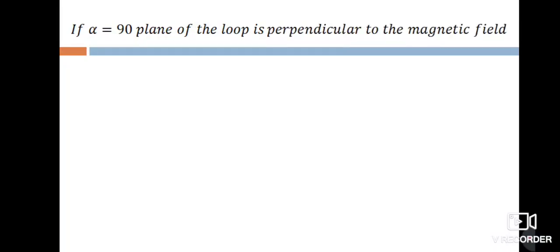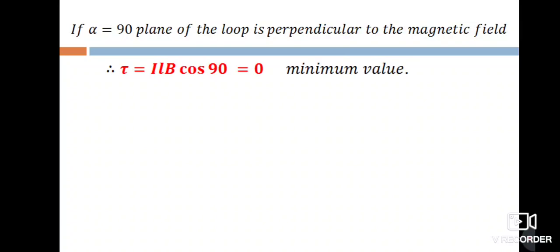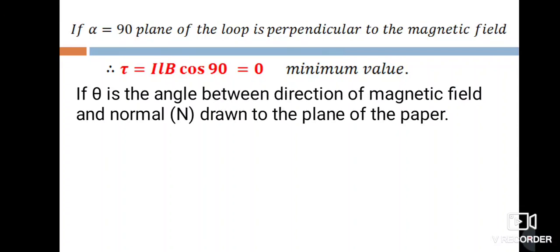And when it is perpendicular, that is alpha is equal to 90 degrees, then the plane of the loop is perpendicular to the magnetic field, and torque tau is equal to IAB cos 90. Cos 90 is 0, therefore it experiences a minimum value of the torque.